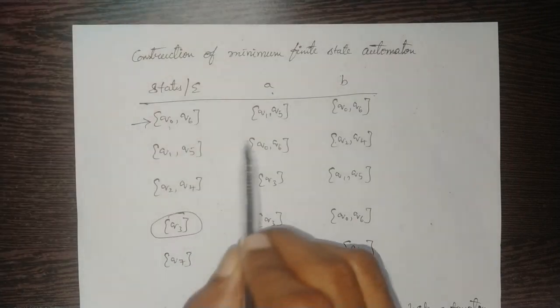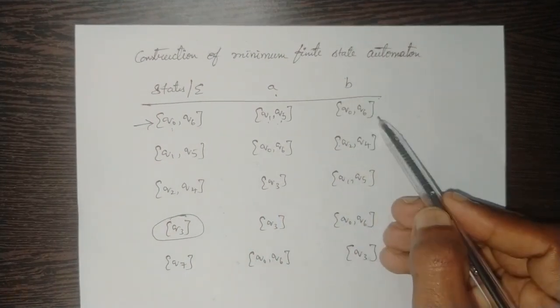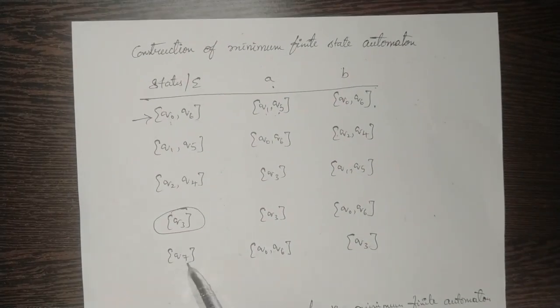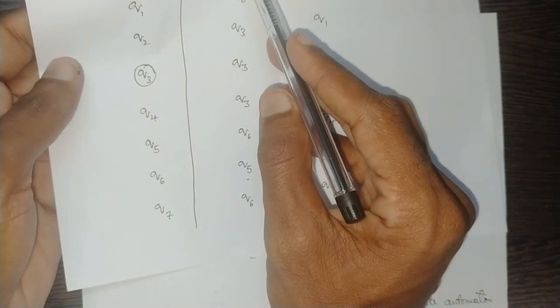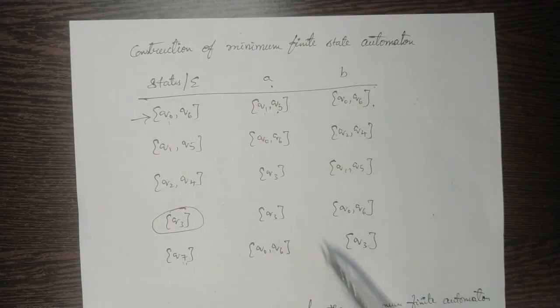And when A is applied to the state Q6, it moves to Q5. So therefore Q1, Q5, and Q0, Q6. But here we observe that when A is applied to the state Q7, it moves to only Q6.